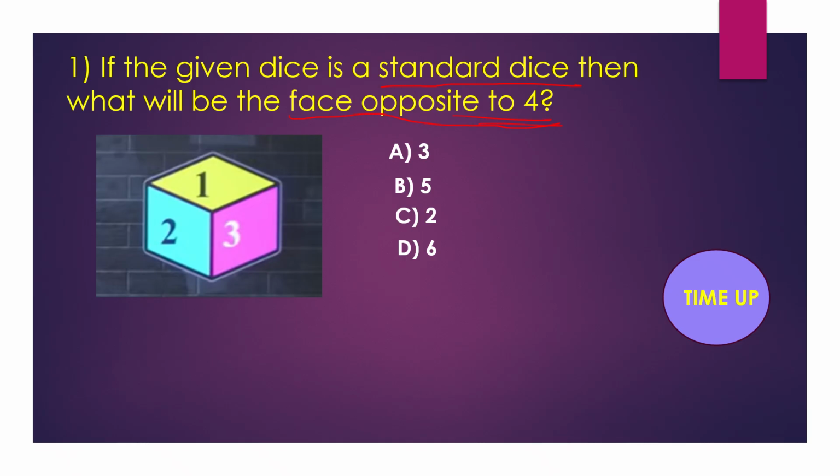So they have asked what is the face opposite to 4. So we need to find out the opposite to 4. Correct? So how to find this? So what I told you, here the sum should be what? 7. Of opposite numbers, the sum should be 7. So when I do 7 minus 4, okay, what will come? 3, correct?